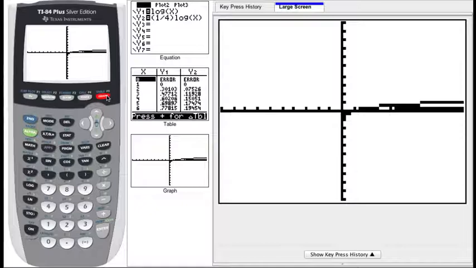Unless I change the window, it's hard to see, but that's because the graph is so close to the x-axis because we just compressed it. It's only a quarter of the way away from the x-axis as it was to begin with. And you can see these values in the table reflect that. Especially this one at 4, we had 0.60206, and if we multiplied that by a 4th, we'd get about 0.15, because 0.15 is a 4th of 0.6. So that would do a vertical compression.